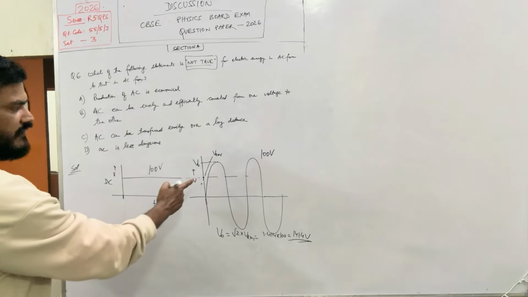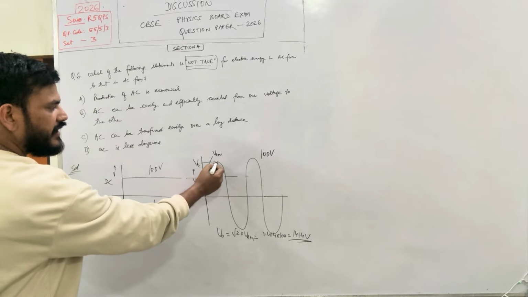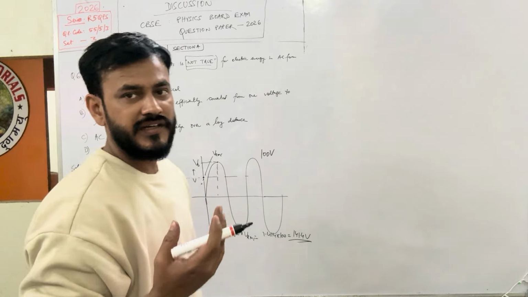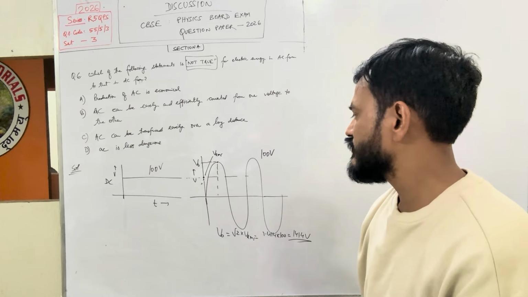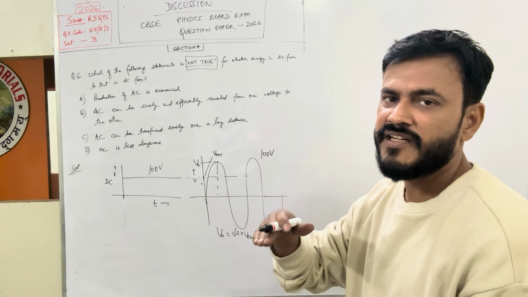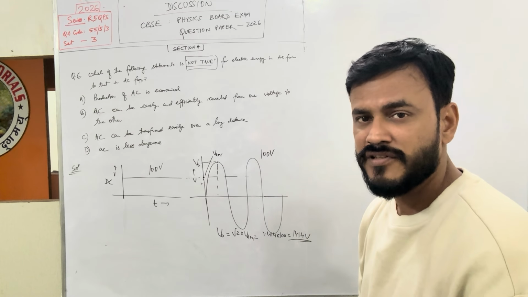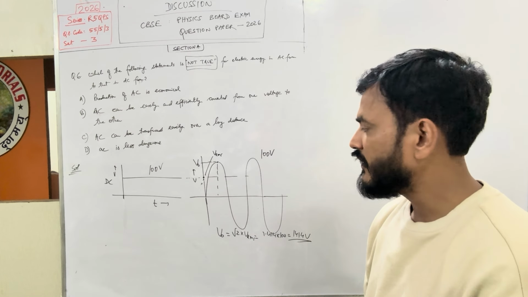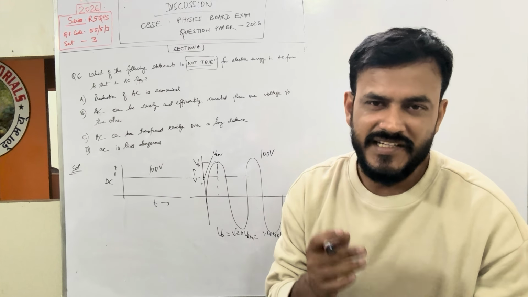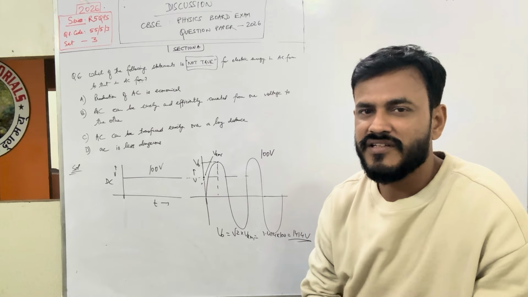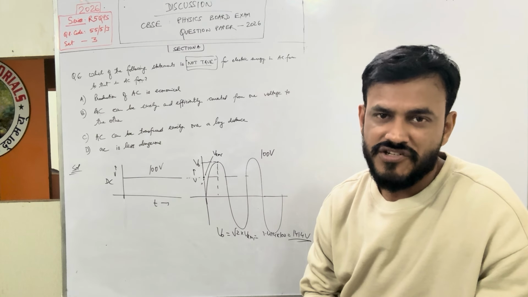So AC of 100 volt can give an output of 141 volt, about 41%, 42% more. The peak can rise above the RMS value by 42%. So ACs can give a higher shock.